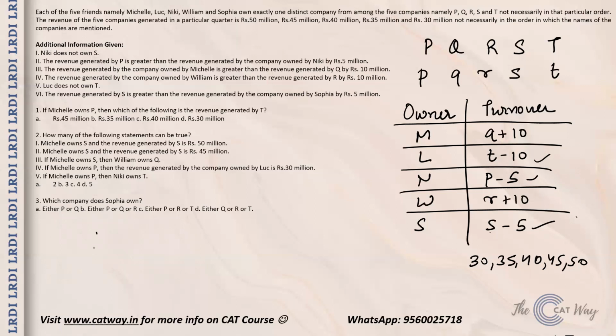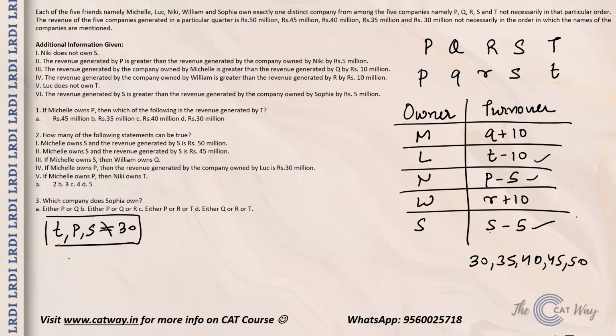Because if T is equal to 30, then T minus 10 will be less than 30. Similarly, if P is 30, P minus 5 will be less than 30. And if S is 30, S minus 5 will be less than 30. And those cases are not possible. So T, P and S are not equal to 30.